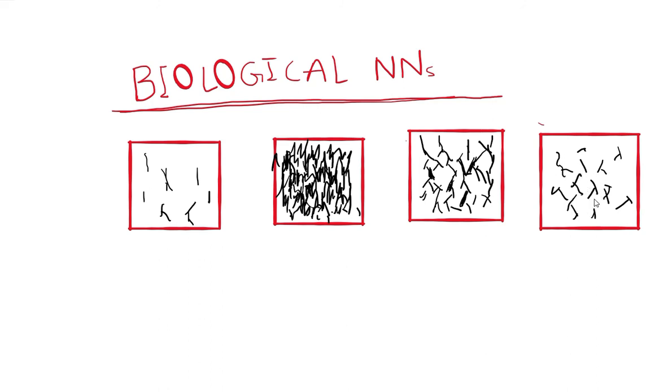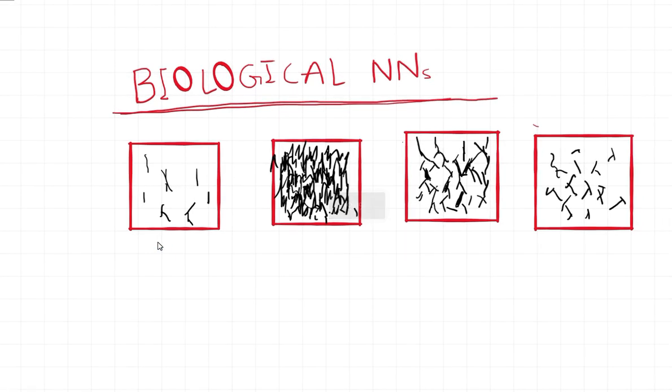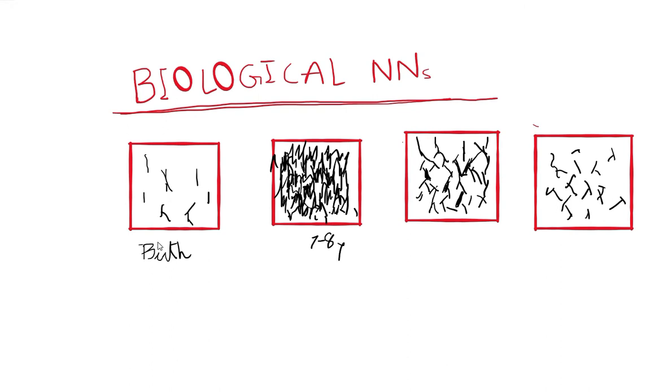This is the neural degeneration that happens. Just to recap, this is the brain cortex of a child at the time of birth. The second is when the child is, say, 7 to 8 years old. This is when the child was 16 years old, and this is, say, 80 years old.